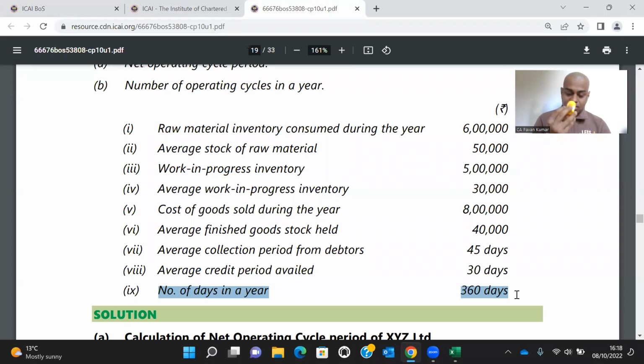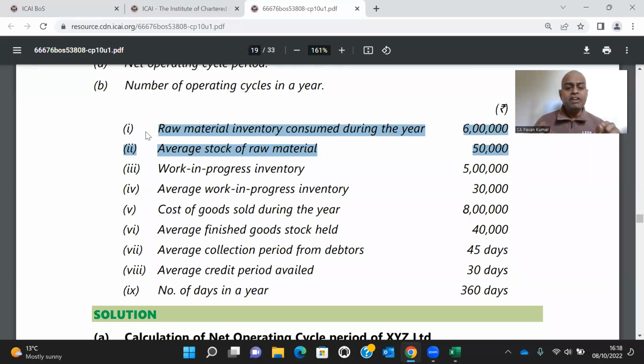Okay, sir. Raw material inventory consumed during the year 6 lakhs. Average stock of raw material 50,000. Work in progress inventory 5 lakhs. All of you, can you read these two lines and tell me what is R? Raw material holding period. Calculate and tell me.